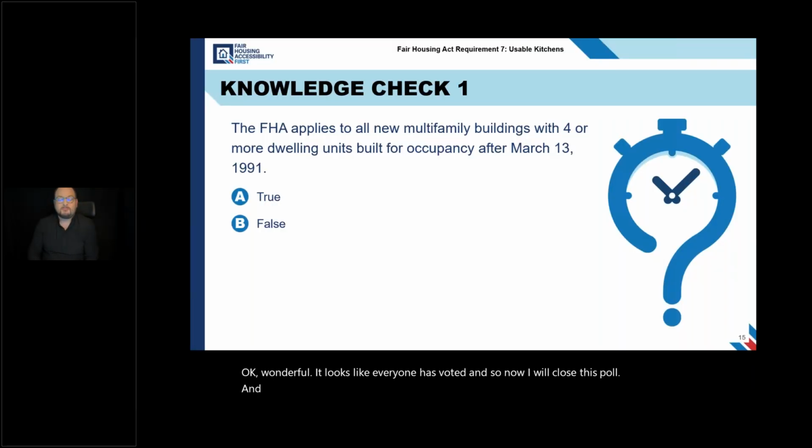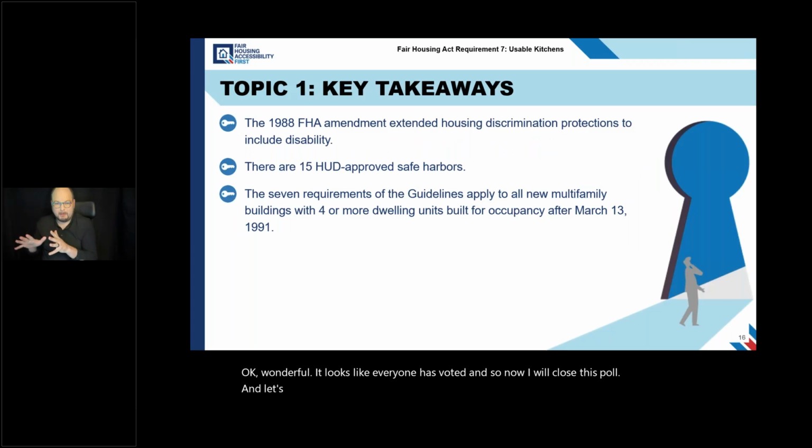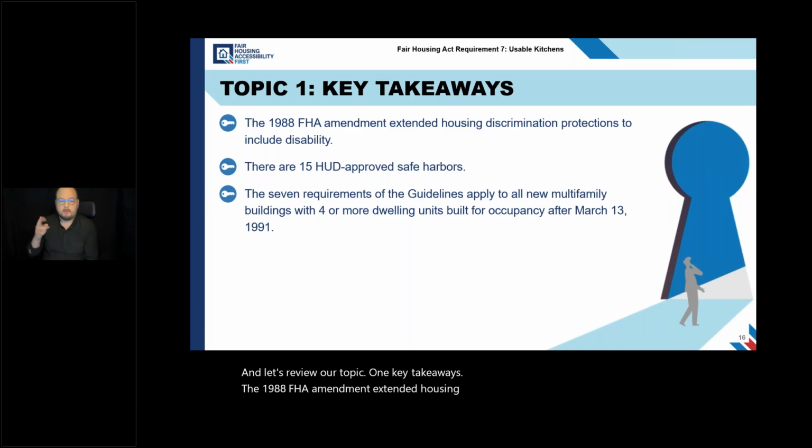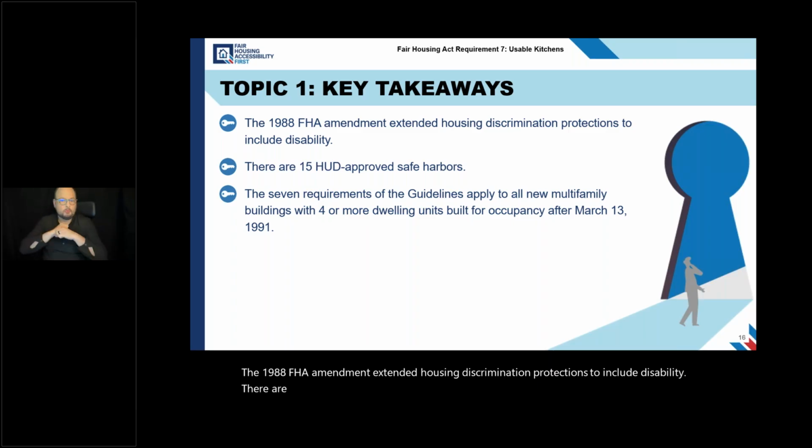And let's review our topic 1 key takeaways. The 1988 FHA amendment extended housing discrimination protections to include disability. There are 15 HUD-approved safe harbors.